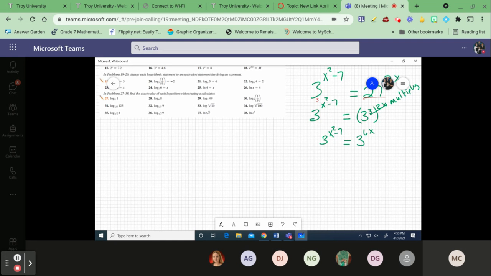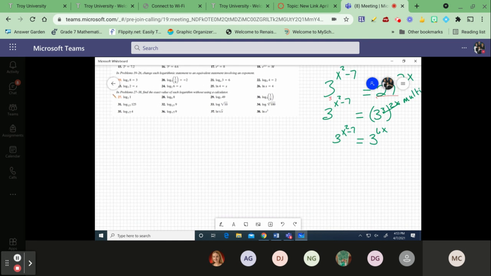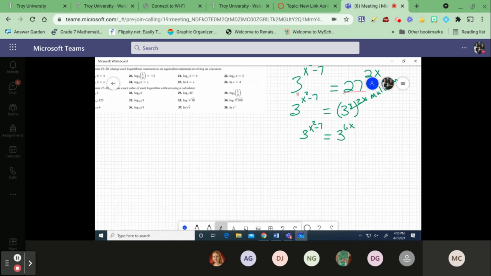Now remember, if my bases are the same, then my exponents are the same. So that gives me x squared minus 7 is equal to 6x. And I'm going to say x squared minus 6x minus 7 equals 0. And then factor it.